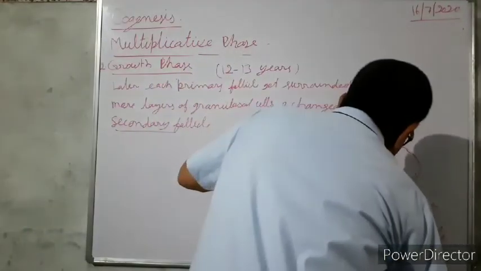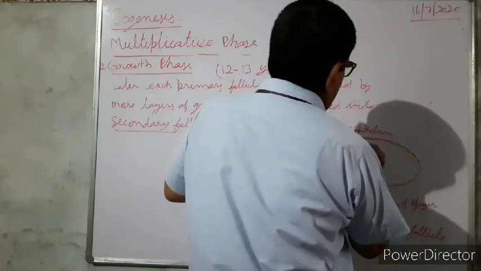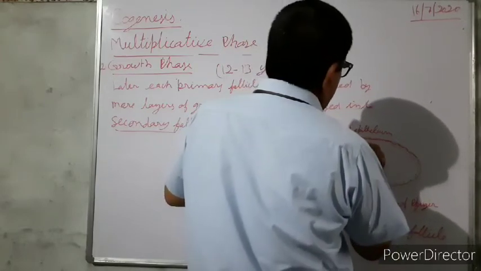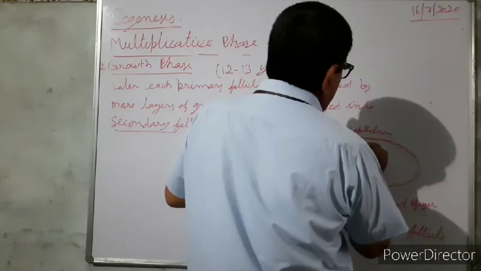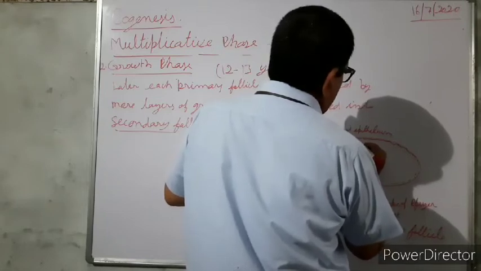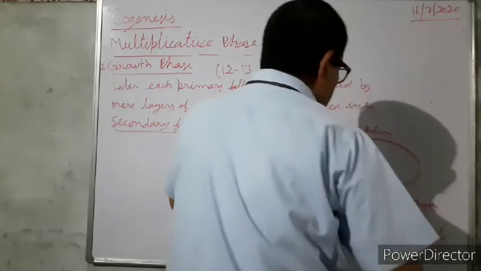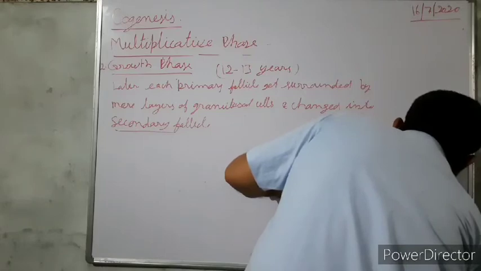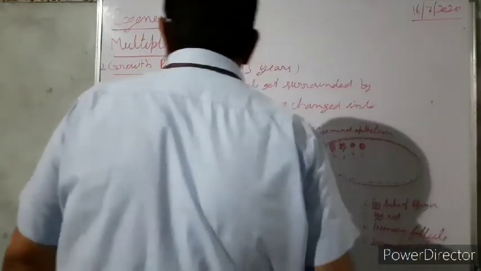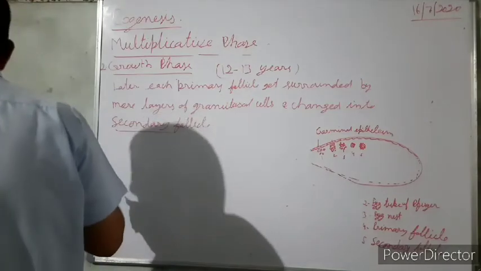This is the fifth structure. One primary oocyte is surrounded by many granular layers, and this fifth structure is called the secondary follicle.